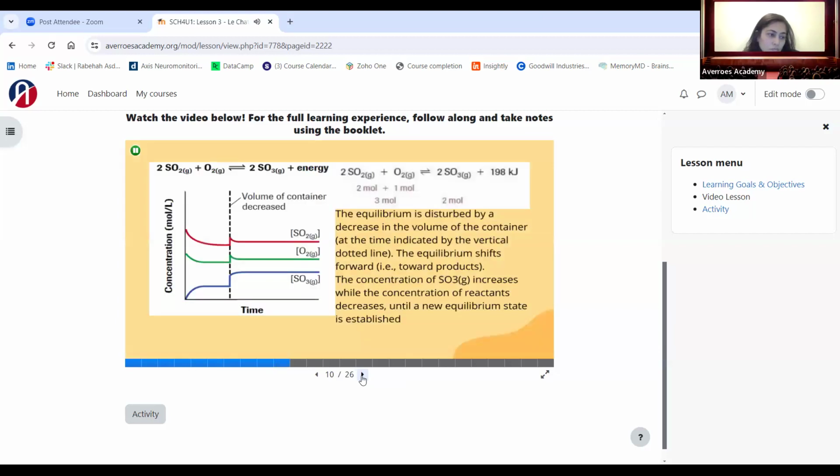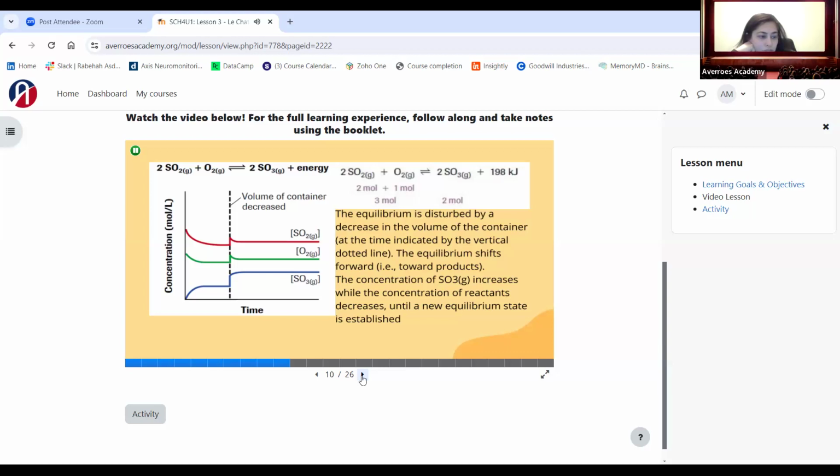Looking at this example, we have 2 SO2 plus O2 gas, oxygen gas, yields 2 SO3 plus energy. So if we look at the left side of our reaction, we have 2 moles of SO2 and 1 mole of O2. So there's 3 moles on that side, and there's just 2 moles on our product side.